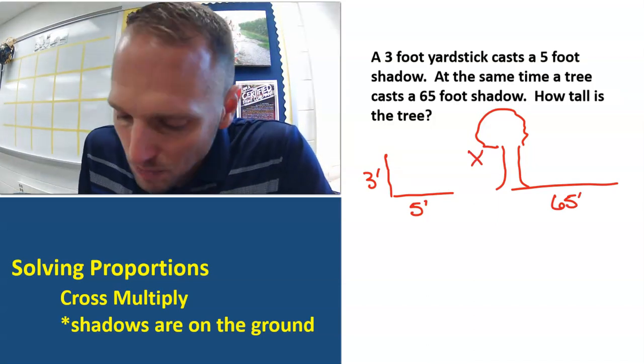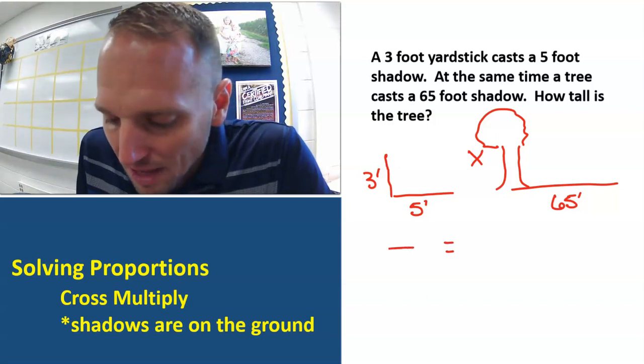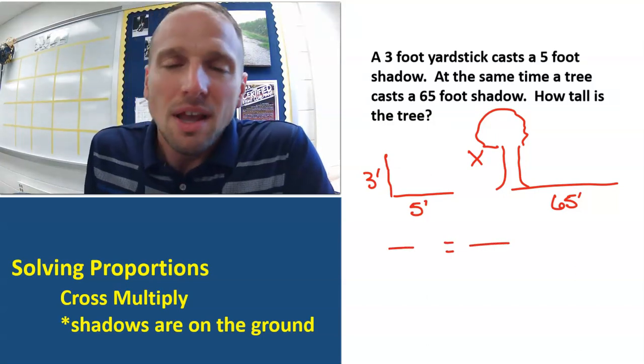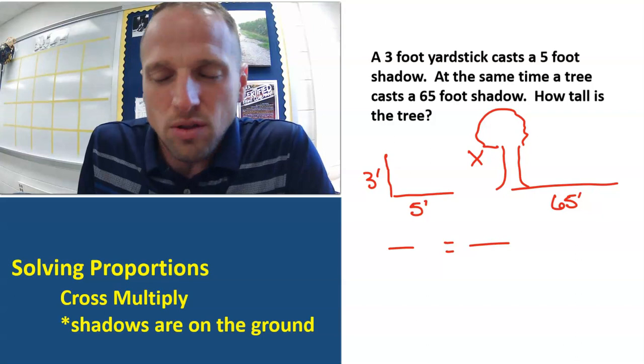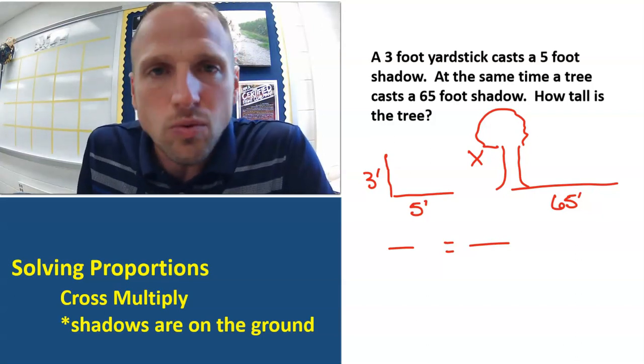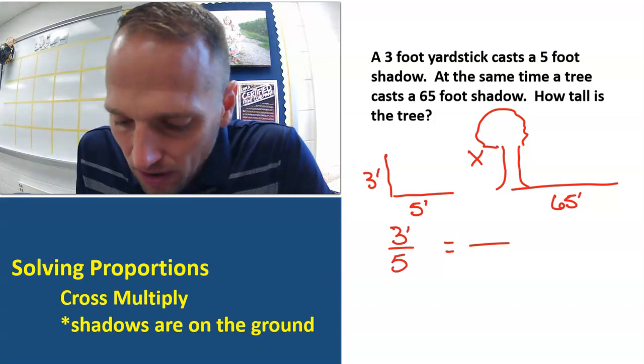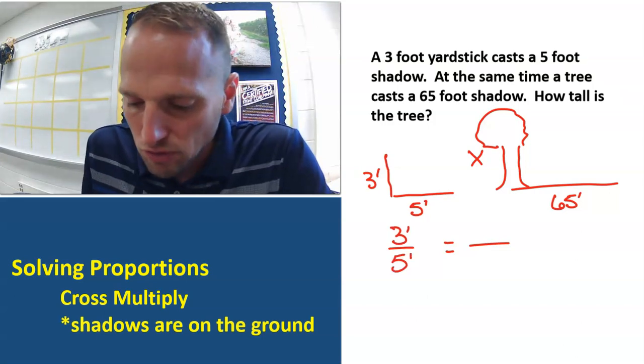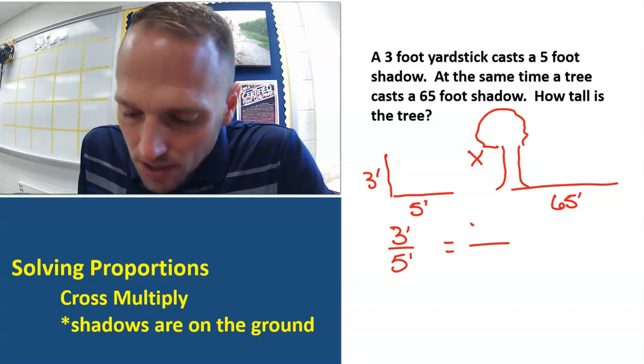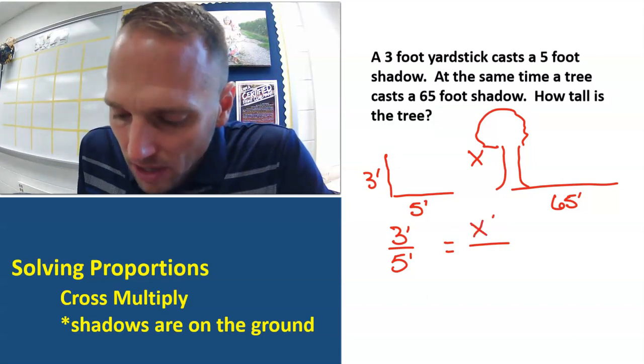Well, let's just make a proportion here. Now, there's lots of different ways to set this up, but here's what I like to do. I like to do the two that I know first. I know the 3 and the 5. So I'm going to put this over here, 3 feet tall over a 5-foot shadow. And this tree is x feet tall and 65-foot shadow.